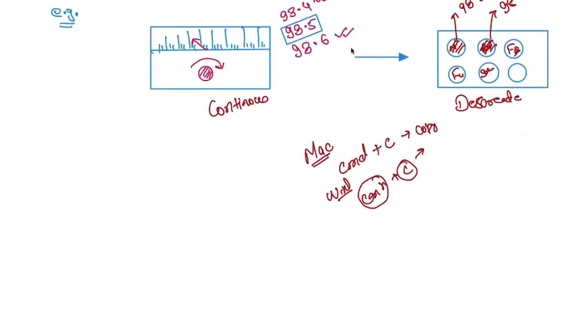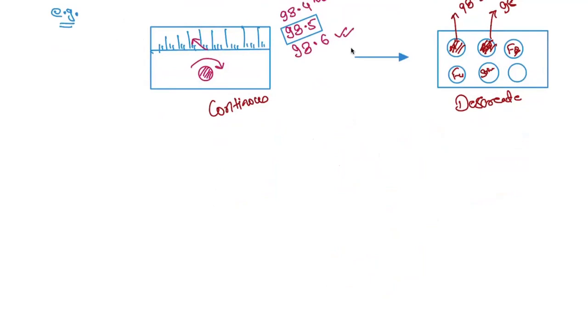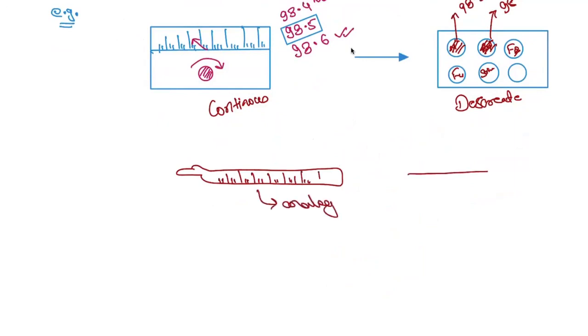Right? For example, nowadays, if you see the temperature regulator, right? We have a thermometer. Have you seen? The old thermometer will look something like this. Analog. And digital भी दिखता ऐसे ही है, right?